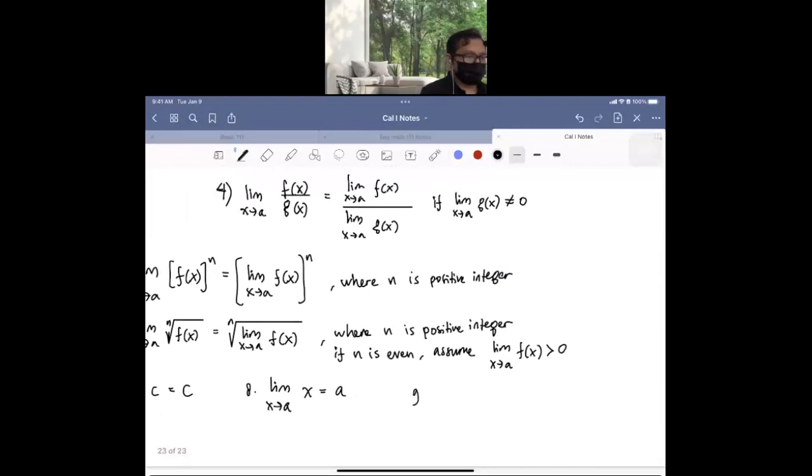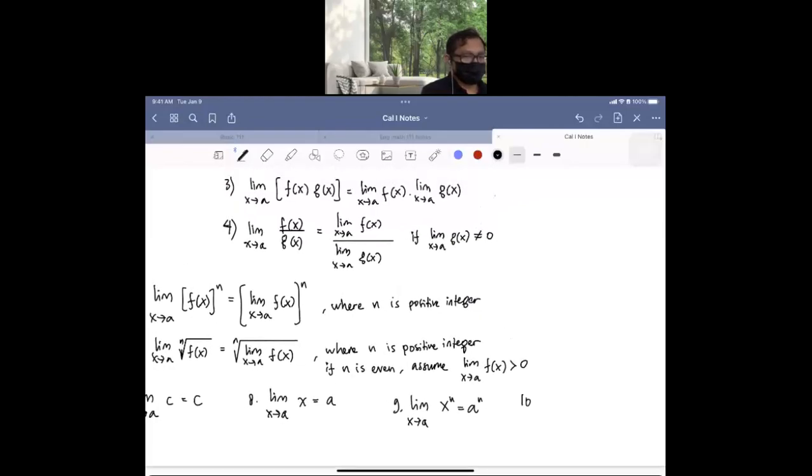And from there, we can have, and also the root, where n is a positive integer.